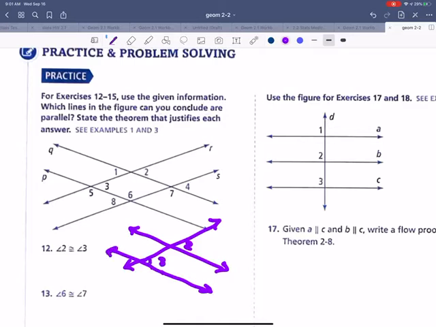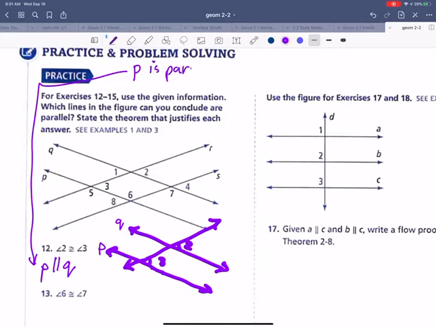All right, so if those were locked into place, then that would force this line, P, to be parallel to Q. Now we learned today that that's what that symbol means. So if that symbol throws you off, you could also write it in word form. P is parallel to Q.